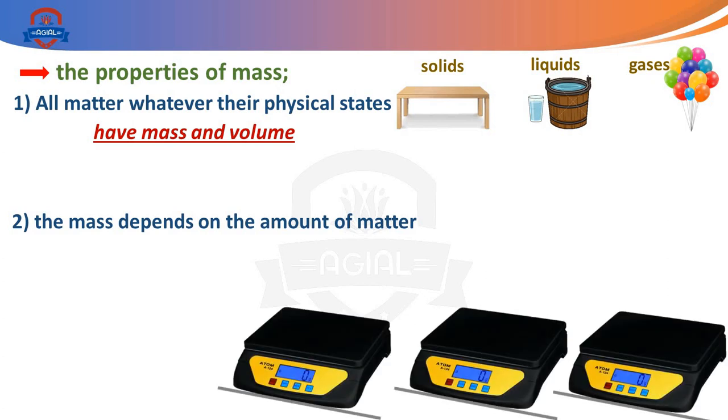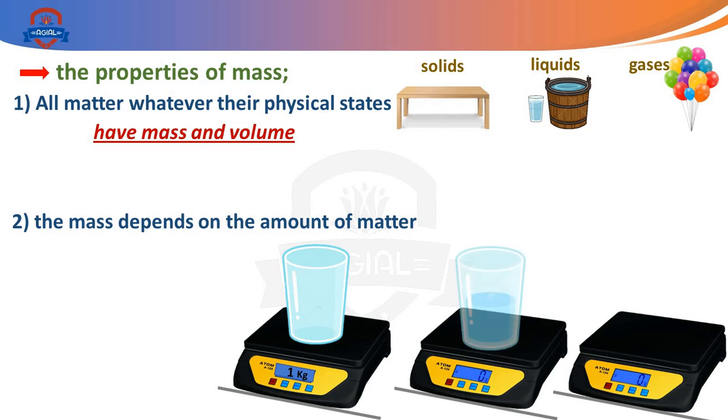For example, if I have 3 one-arm digital scales, then I will put in the first one an empty cup of water, and I will see its mass, which equals 1 kilogram. Then I will put another cup in the second scale, which I fill half with water, and I will see its mass will equal 2 kilogram.